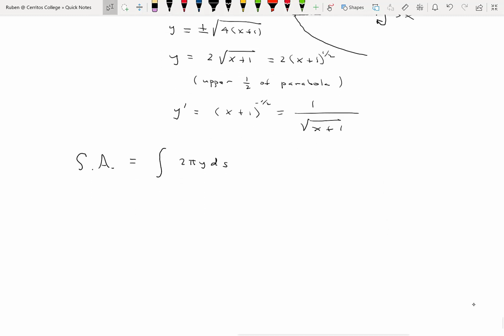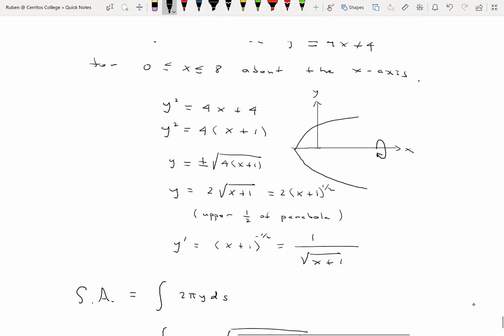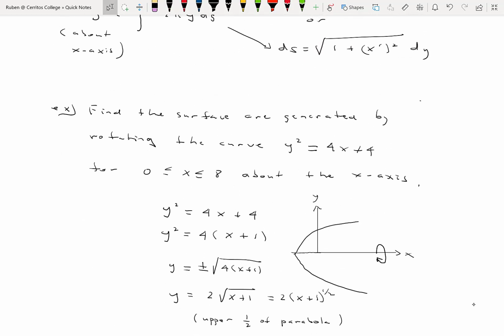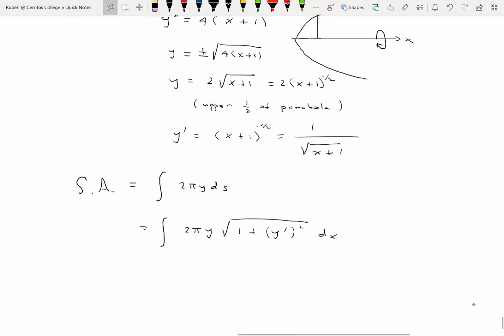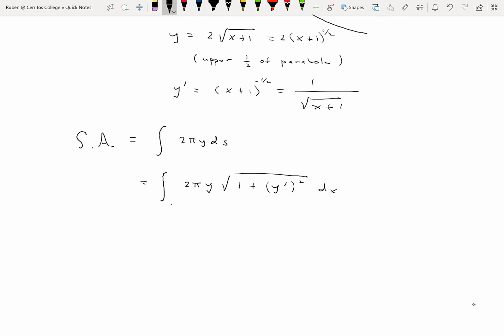Well, I'm choosing to integrate with respect to x, which means my formula now becomes 2 pi y times the square root of 1 plus y prime squared dx. Okay, so that's a little better. And my limits of integration are, in the original problem, x varying between 0 and 8. So x goes from 0 to 8.